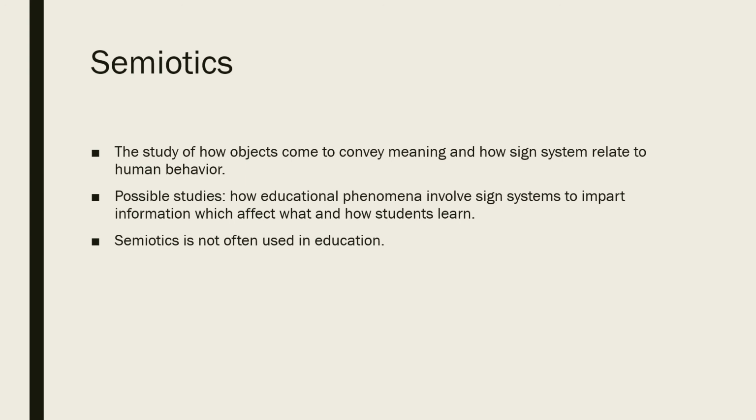Some possible studies are on how educational phenomena involve sign systems to impart information which affect what and how students learn. I also noted that the book mentioned that semiotics is not often used in education. It's more often used in other fields.